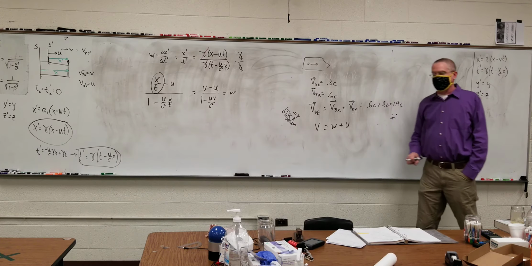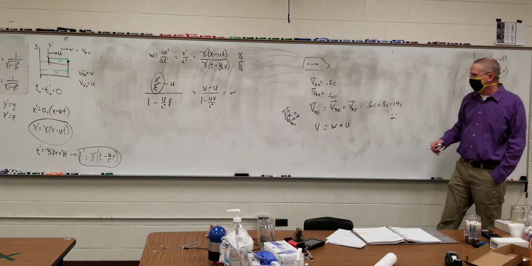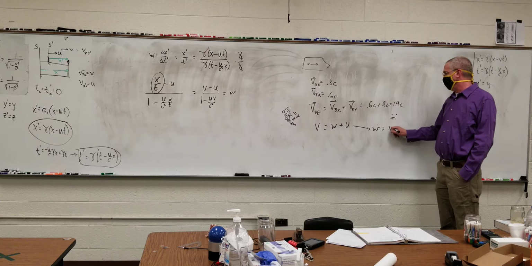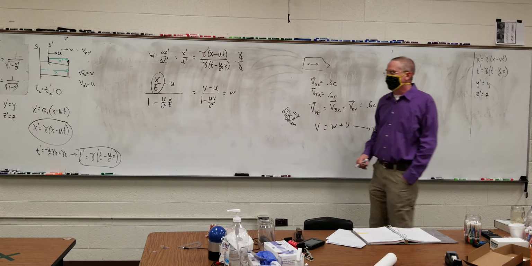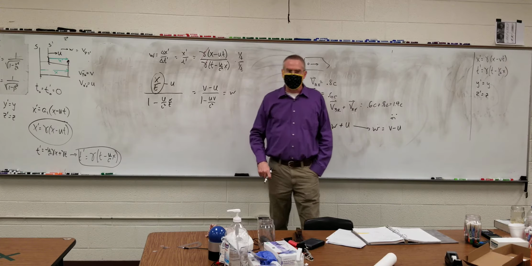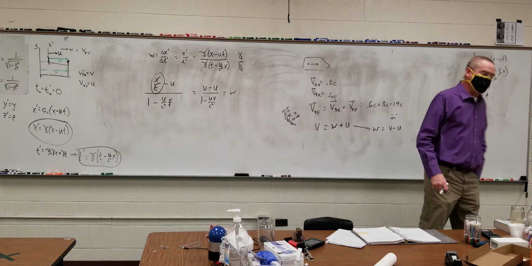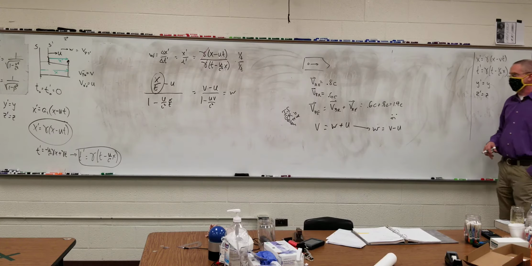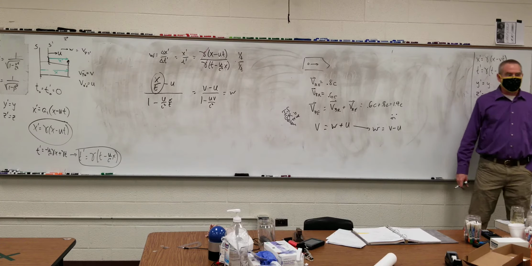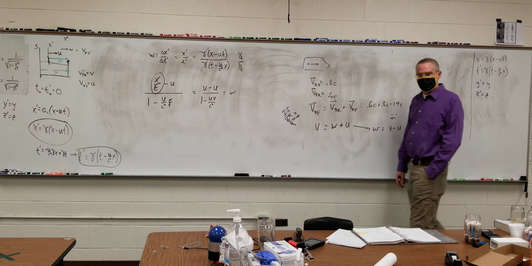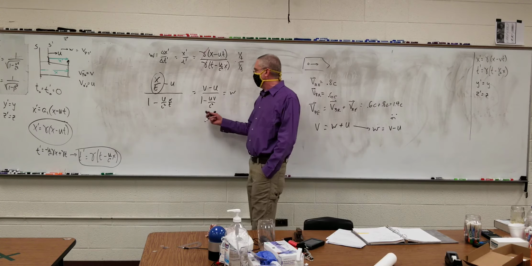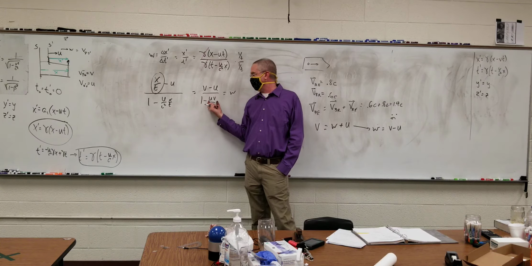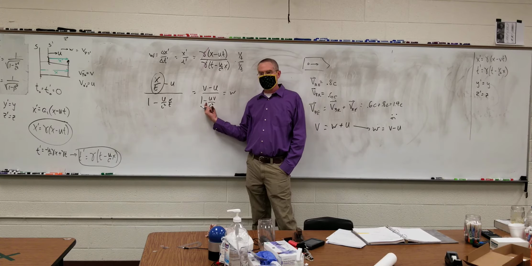So Galilean relativity says that v equals w plus u, or w is equal to v minus u, which is our numerator right there. That's always going to be the case. Whenever I'm trying to solve the relativistic velocity addition, I do it in Galilean relativity terms first, and that tells me what the numerator is. The denominator is just going to be those two speeds right there, and the sign will be the same.